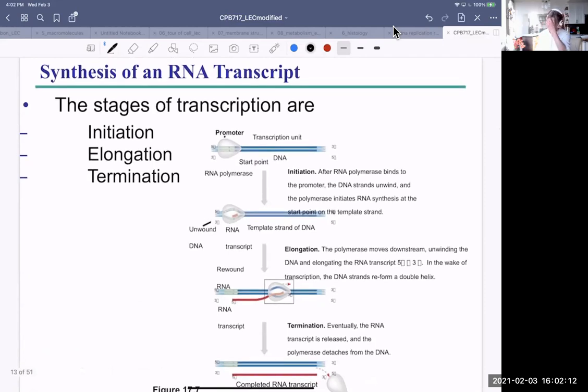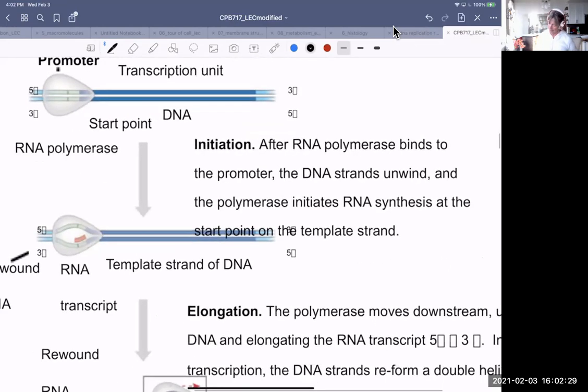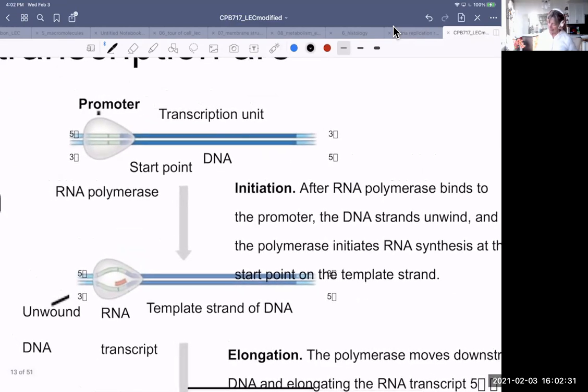So the stages of transcription are 3: initiation, elongation, and termination. How does the whole process start, you might ask? Well, on DNA, this is DNA here, there is a sequence known as a promoter sequence.